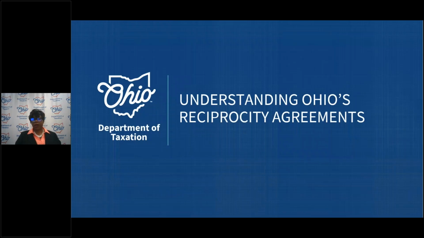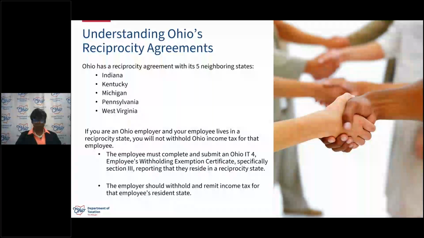Okay, now understanding Ohio's reciprocity agreements. Ohio has a reciprocity agreement with its 5 neighboring states: Indiana, Kentucky, Michigan, Pennsylvania, and West Virginia. If you are an Ohio employer and your employee lives in a reciprocity state, you will not withhold Ohio income tax for that employee.